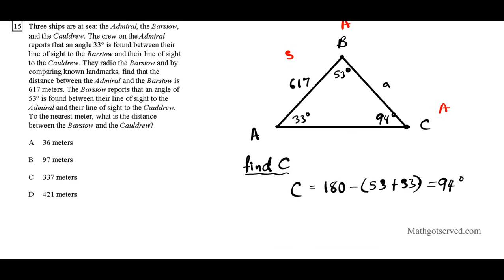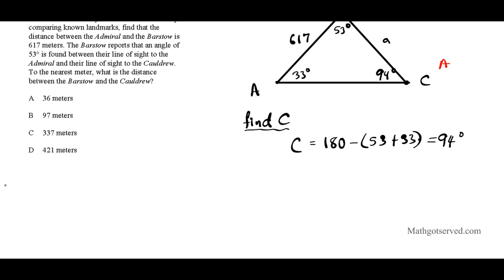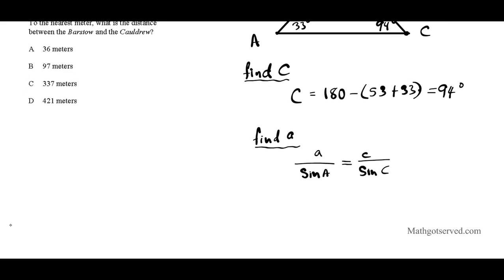We're going to indicate what we're looking for, which is little a. Little a is the distance between Barstow and Cauldron. To find little a, we're going to go a over sine A equals the pair that we know, little c over sine big C. Now let's put in the measures that we know.